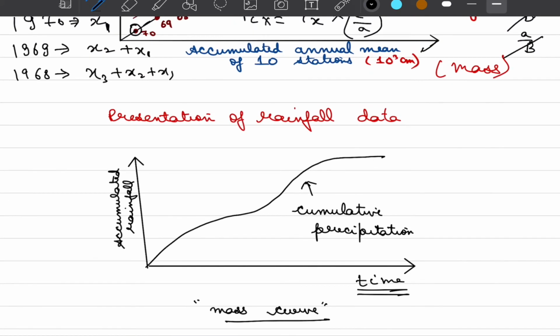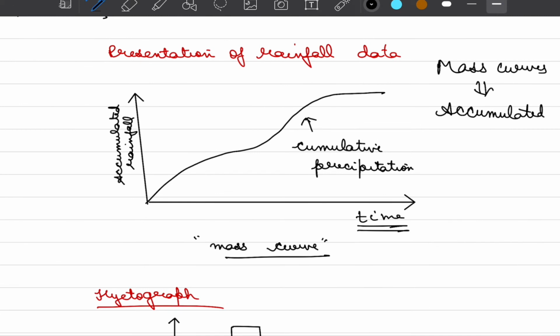Now, one thing that is consistent in the double mass curve and the mass curve is that whenever we are talking about mass curves, we are always talking about precipitation that has accumulated. And even in this case, for example, when the storm started at t equal to 0, rainfall just started, so the total precipitation accumulated is 0.